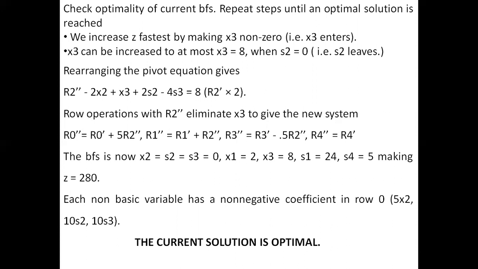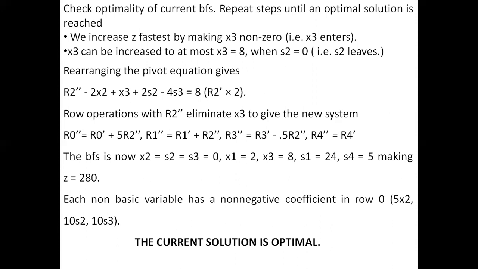And considering the equation with respect to row 2, rearranging that pivot equation, it gives this result, that is about row 2. We will be verifying it upon equating. Minus 2x2 plus x3 plus 2s2 minus 4s3 is equal to 8.